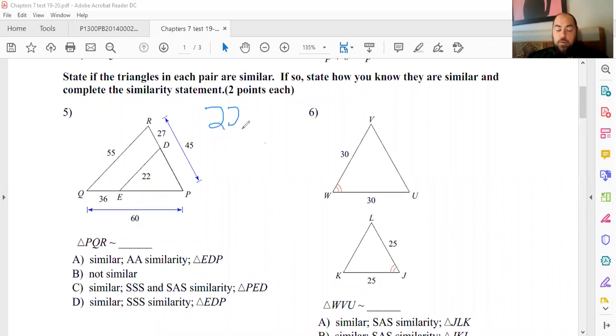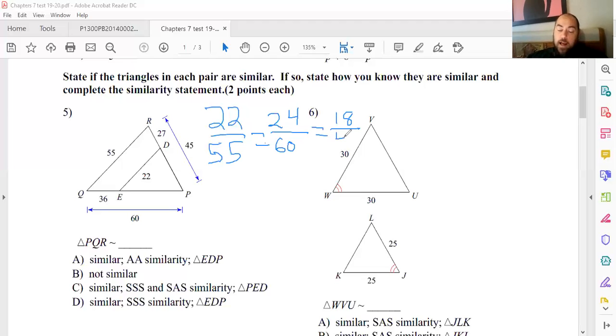So we have the ratio of 22 to 55 equals the ratio of, so we're going to go that bottom 60 minus 36, and that's going to give us 24. 24 over 60 equals 27, or 45 minus 27 is 18. 18 over 45.